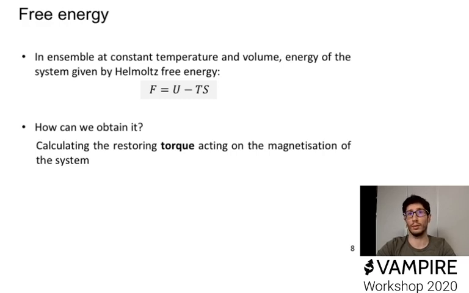Also though, in Vampire, what we don't do is to obtain directly F, the energy, but rather we will obtain the torque, and from the torque we will reconstruct the energy and the anisotropy energy density, which will be the difference in energy between different directions.